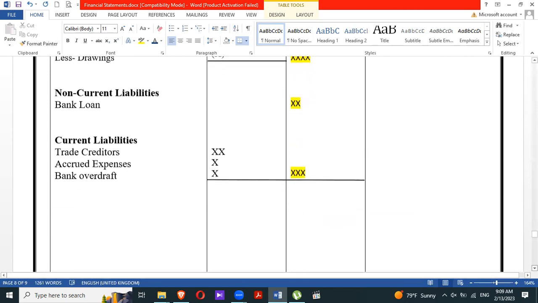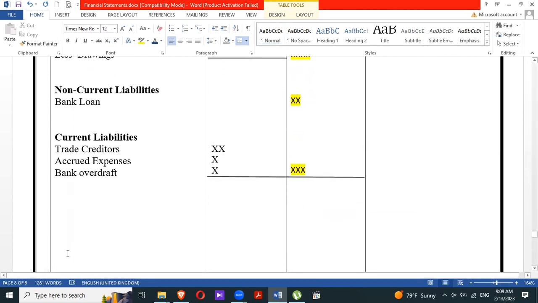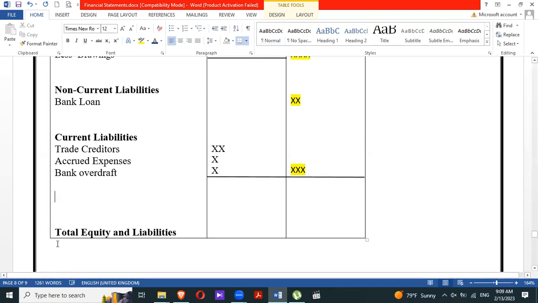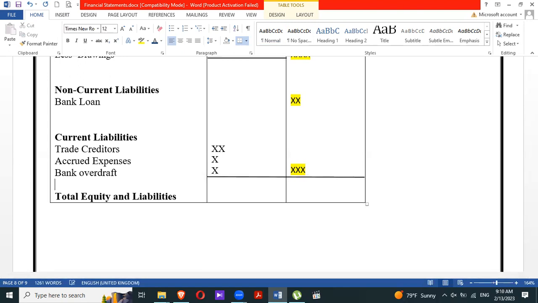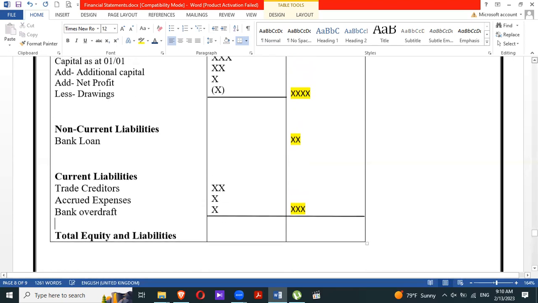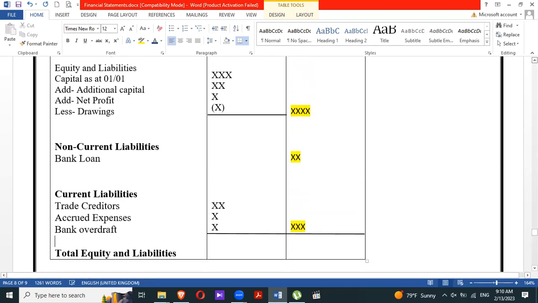Right? All these three totals should be taken here as total equity and liability. So total equity and liability equals the summation of closing equity, non-current liability and current liability. Right?